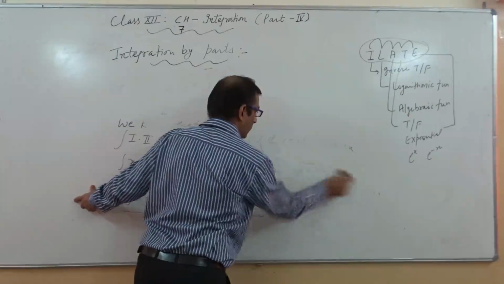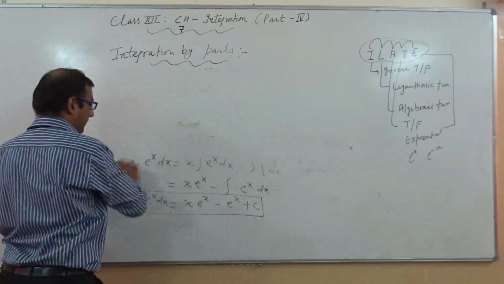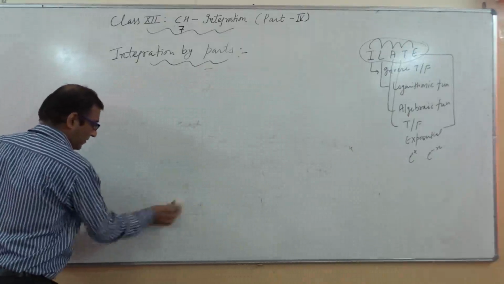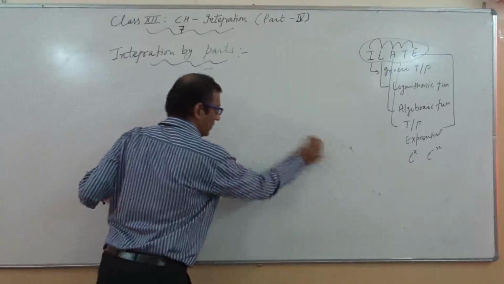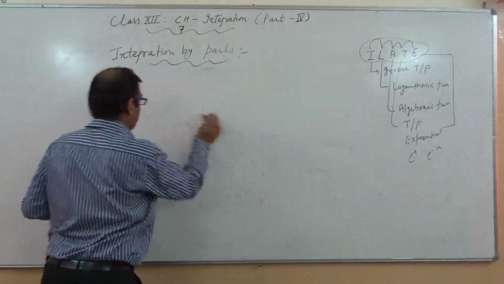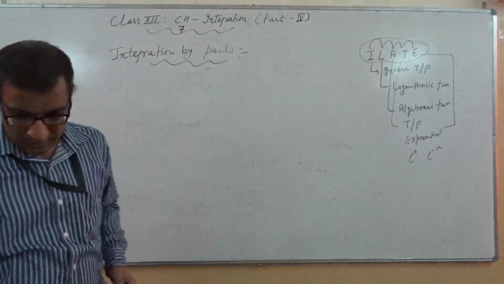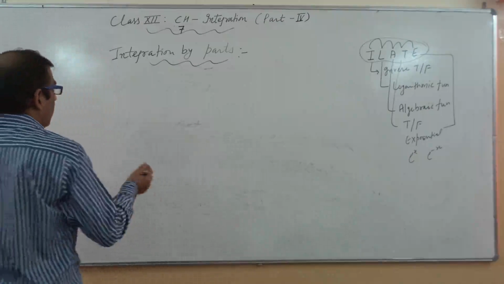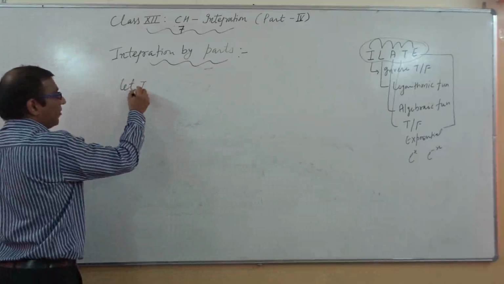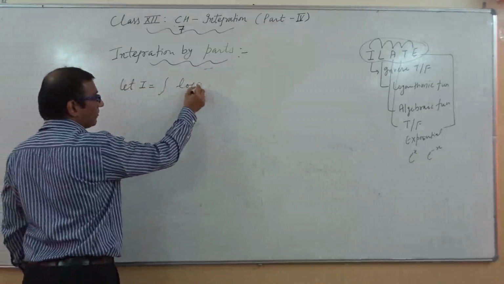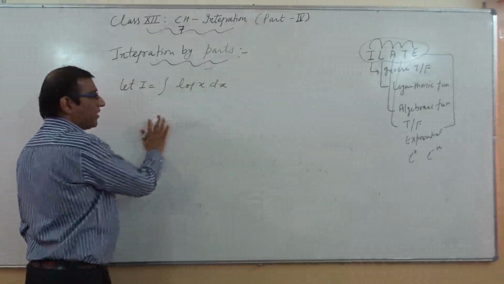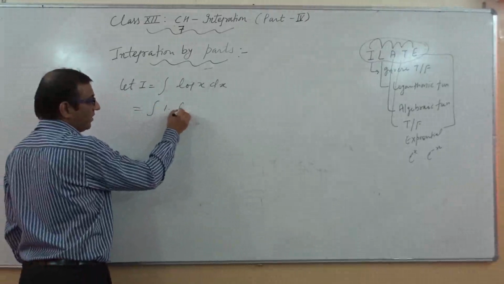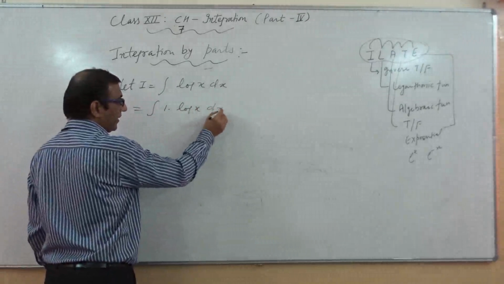So this time I am taking a very interesting question. How can we do the integration of log x? As I said, some limitations are there, so this integration can be done as 1 into log x dx.